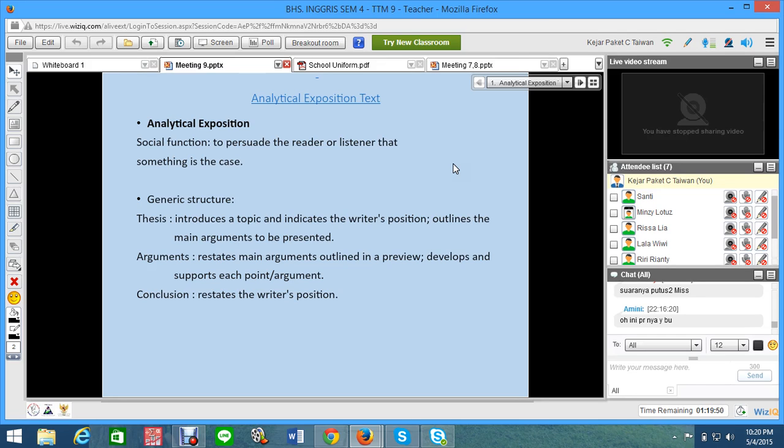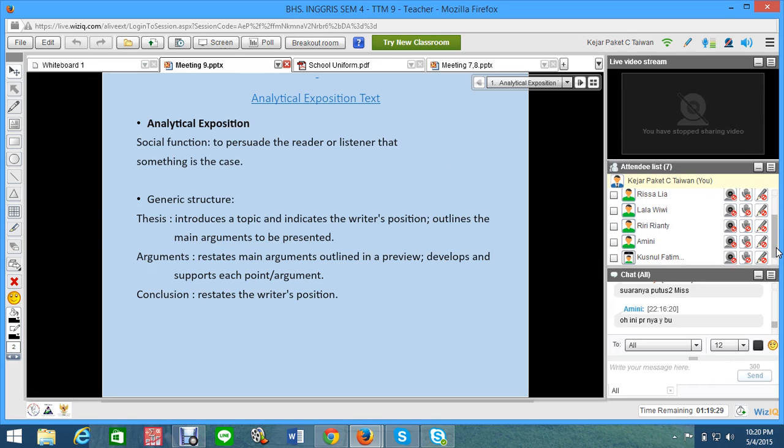Okay, so the social function is to persuade the reader. So you have to make in quotation the word to persuade the reader or listener. Okay, this is the keywords of analytical exposition. Okay, jadi ini keywords analytical exposition.